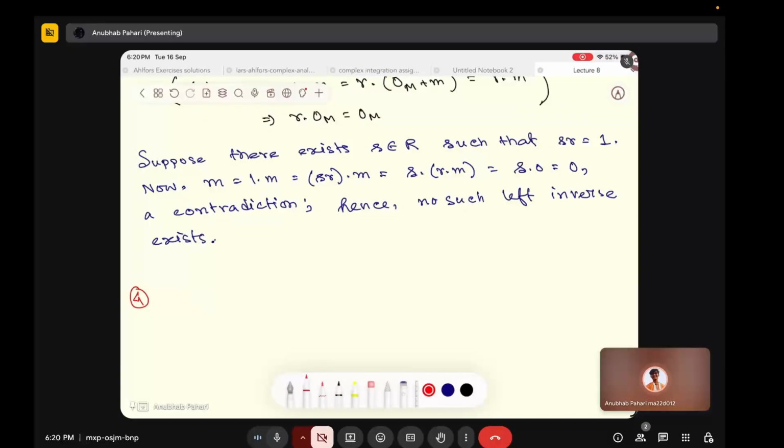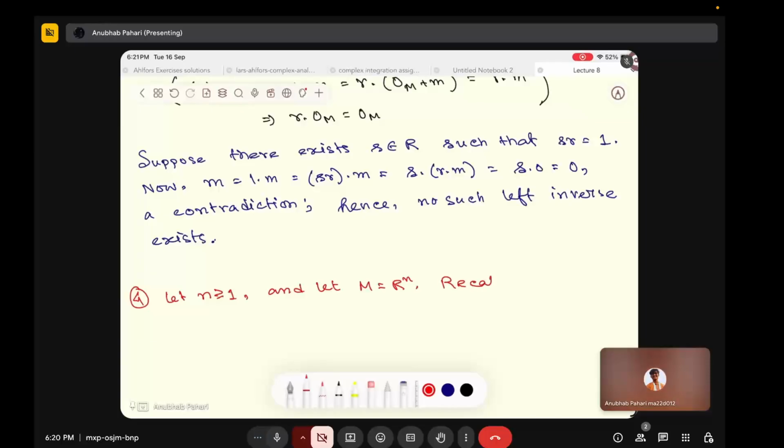I am not writing down what R is because I have been repeatedly writing it, so I just ignore it. Let n be a natural number, so naturally it is greater than or equal to 1, and let M equal R^n.